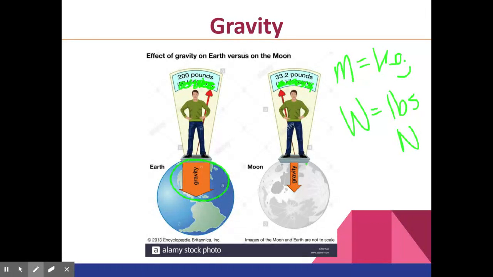But mainly due to its mass, it has a very small amount of gravity. So if you are 200 pounds on Earth, you're going to weigh roughly 33.2 pounds on the moon. That's due to the mass differences between the sun, the Earth and the moon, but also the distances between them.